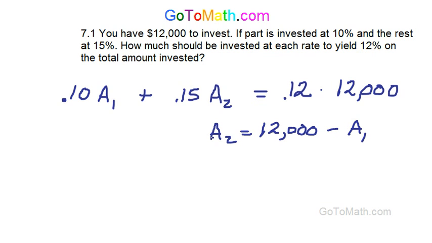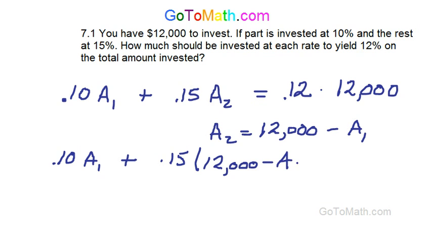So we got A2 here now in terms of A1. So let's go ahead and rewrite this. So 10% of the first amount, plus 15%, and A2 is now 12,000 minus A1. Alright, does that make sense?